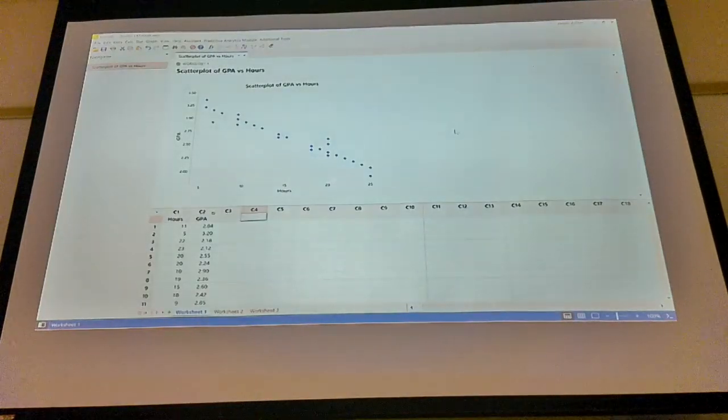Explanatory is always horizontal. That's the hours. The response is always the vertical. So it should be hours spent on the internet versus GPA.